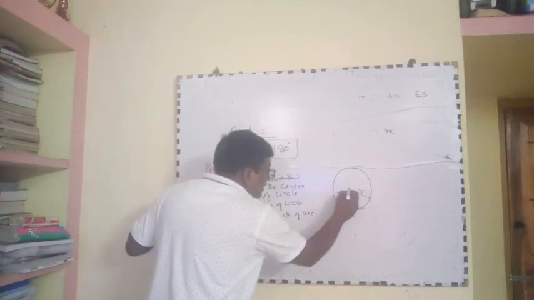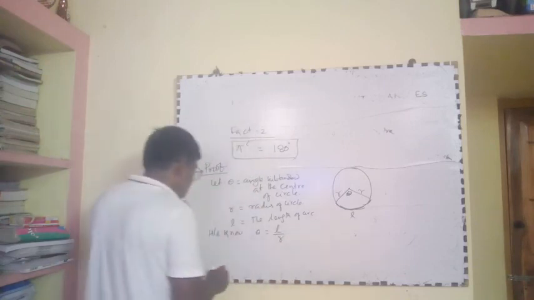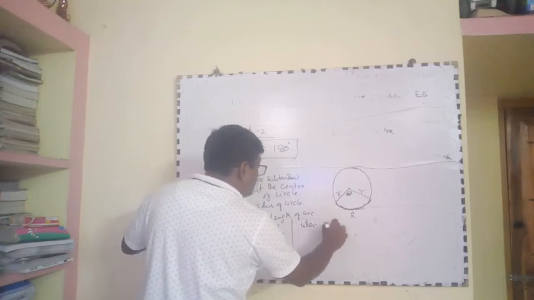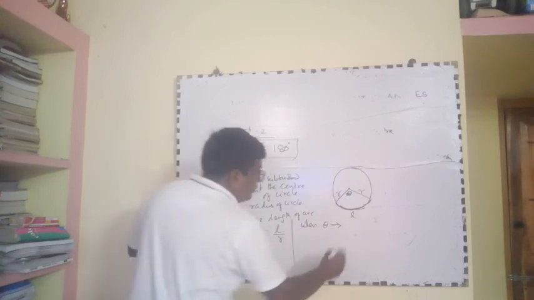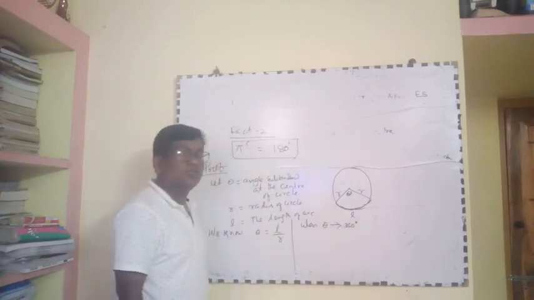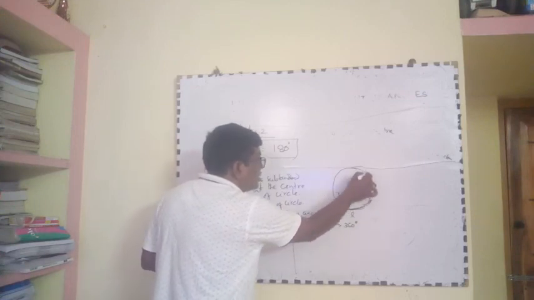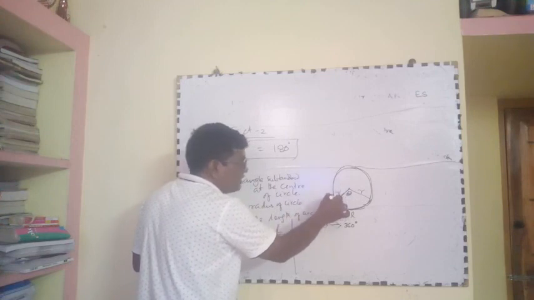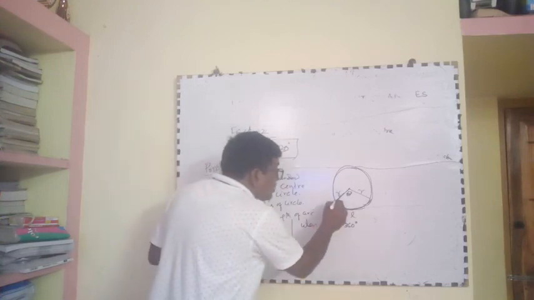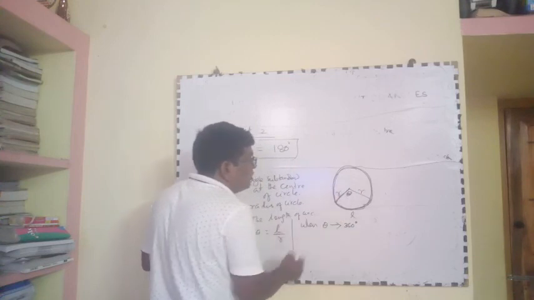When the angle is theta, this length is L. When theta is converted to 360 degree, suppose this line is rotated and reaches the same point. In this case, theta is equal to 360 degree. What is L?